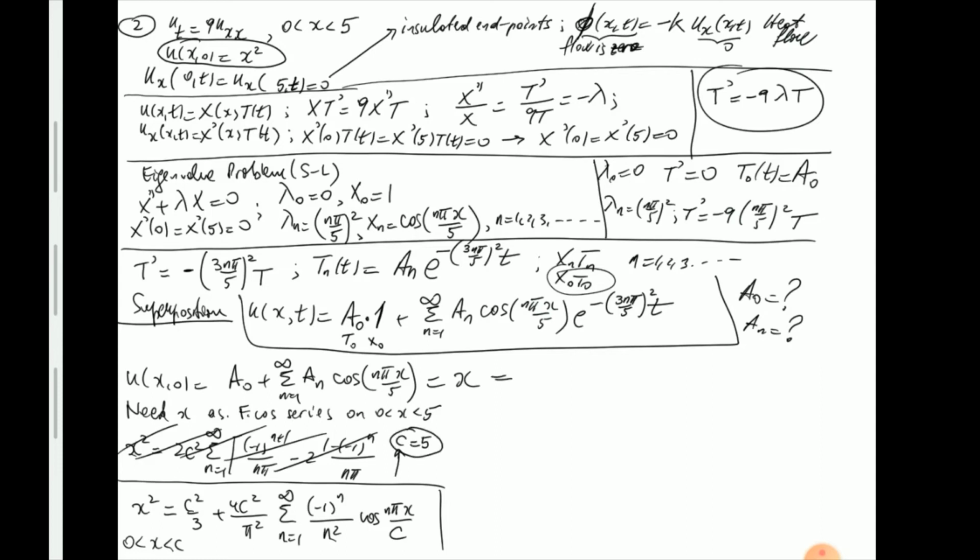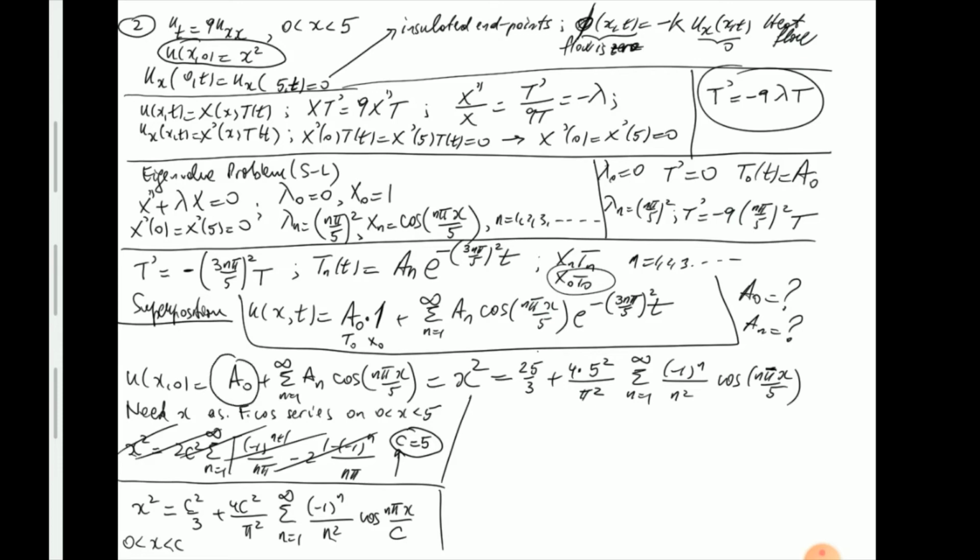So all I have to do in my case is to replace c with 5. And I say, okay, x squared here. So x squared on the interval 0, 5, if c equals 5, is going to be 25 over 3 plus 4 times 5 squared, which is 25 again, over pi squared, the summation from 1 to infinity, minus 1 to the n over n squared cosine of n pi x over 5. So now you just have to state what a naught and a n are. Look carefully.